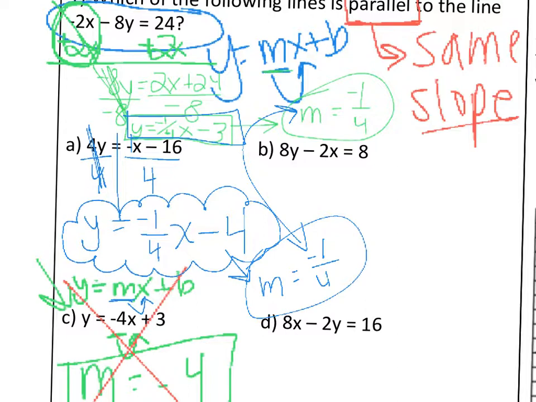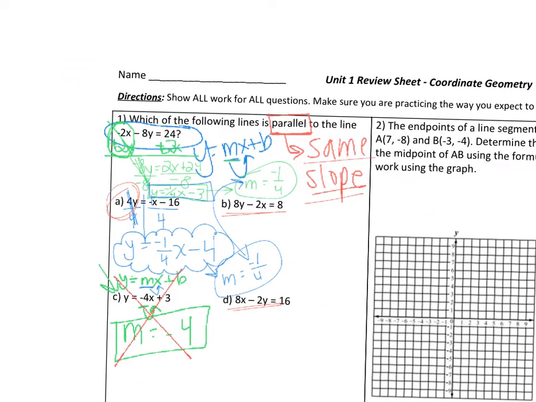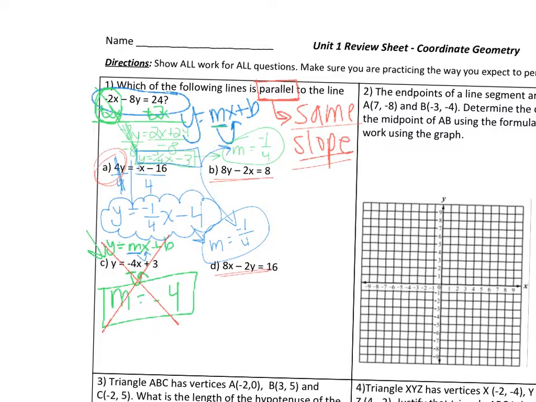If I was taking this test, I would definitely go through and solve the other two answer choices as well, to make sure we found the right answer. And in a moment, I will pause and do that work and press play so you can then see that worked out. But for right now, we should be fairly confident that we've found our answer because it had the same slope. And again, our question was to find the line parallel to that given line.